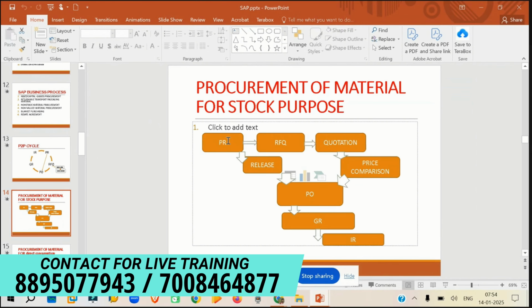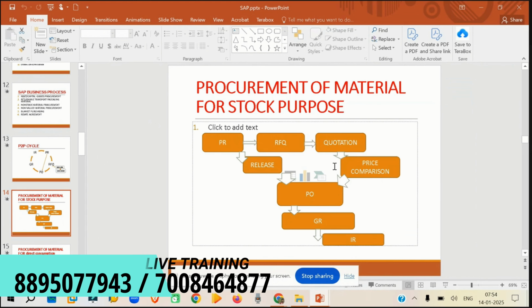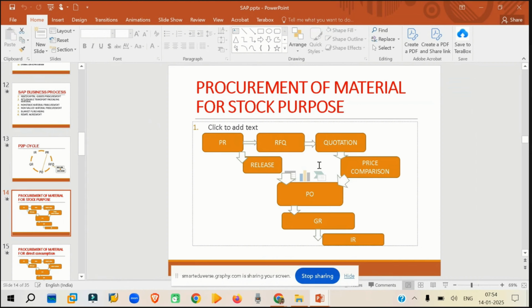You need to explain the process in this way, in this process flow, while you are going to an interview.